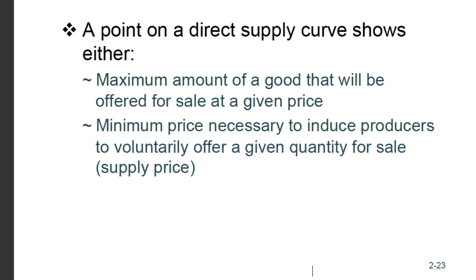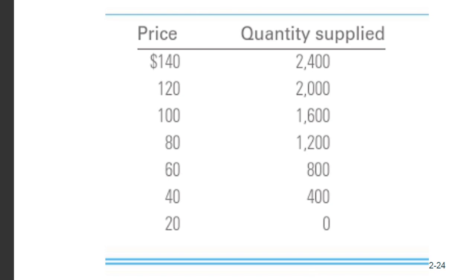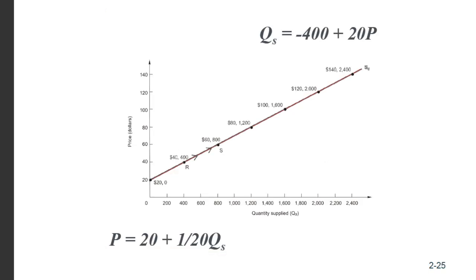And then from the perspective of the buyers of the product, the consumer, it's the minimum price necessary to induce producers to voluntarily offer a given quantity for sale, the supply price. So again, I give you some numbers, and they fall exactly on a line, but that's not necessarily the case. This is just a simplification.